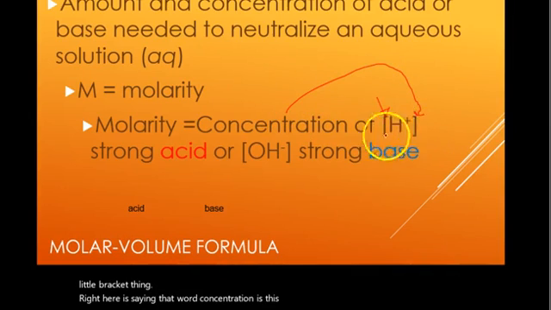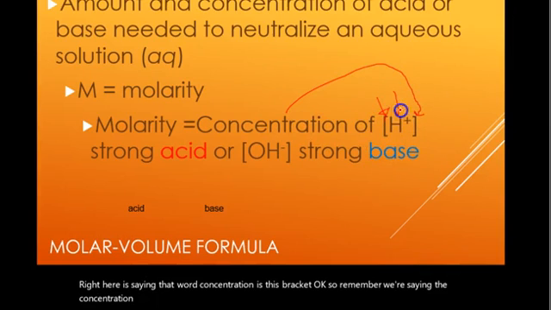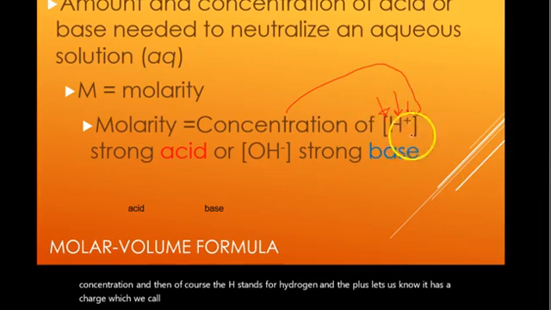Okay, so remember we're saying the concentration, and then of course the H stands for hydrogen, and the plus lets us know it has a charge, which we call an ion. So together, this bracket H plus says the hydrogen ion concentration.